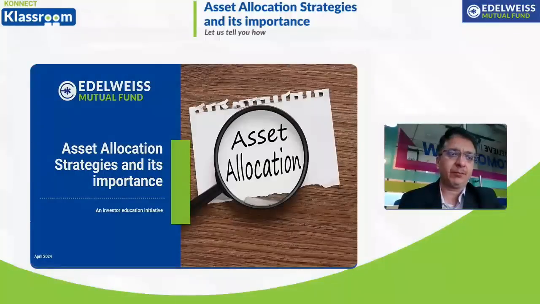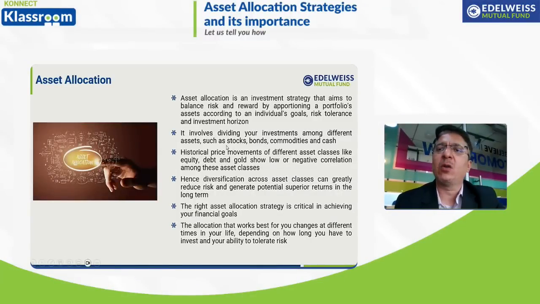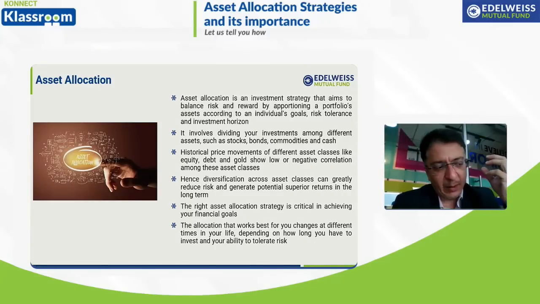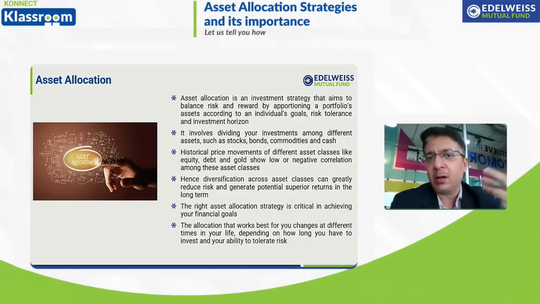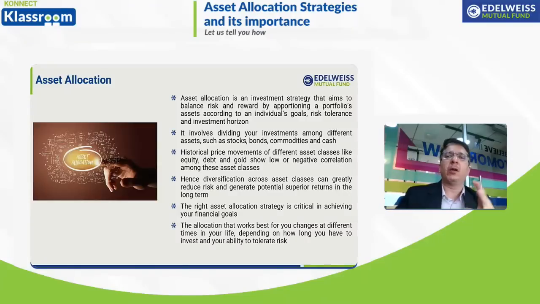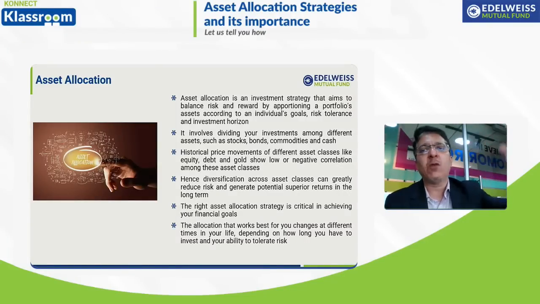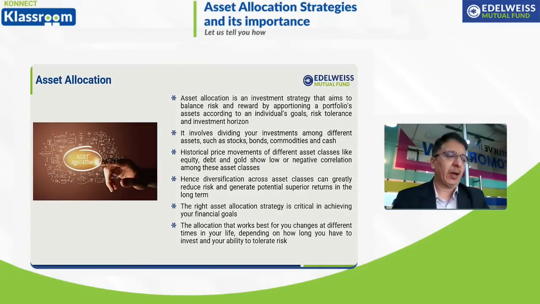So let's talk about, first things first, on what asset allocation is, right? Asset allocation, very honestly, is simply an investment strategy that aims at balancing my risk-taking capacity and ability, and links it to the reward or the returns that I wish to generate in order to reach my investment goals, right?